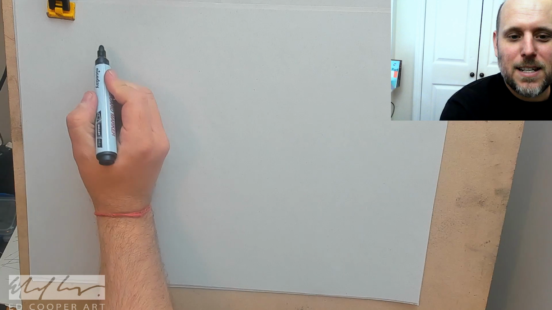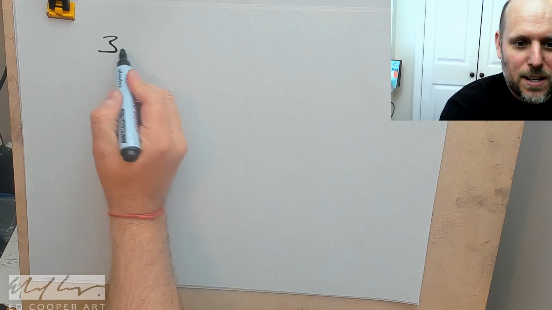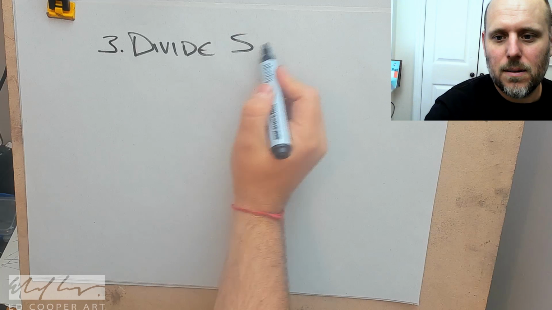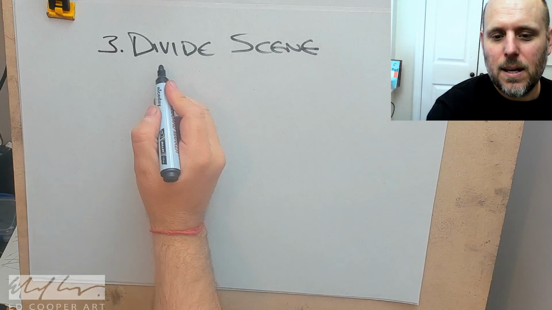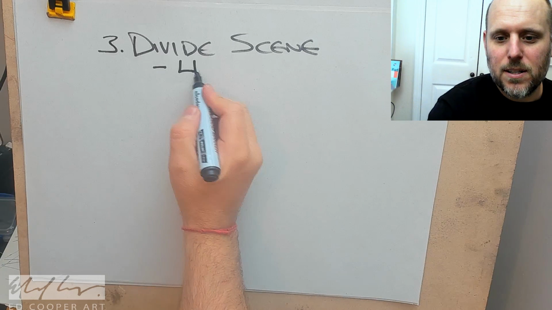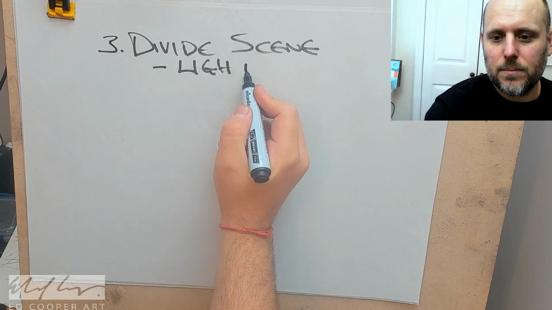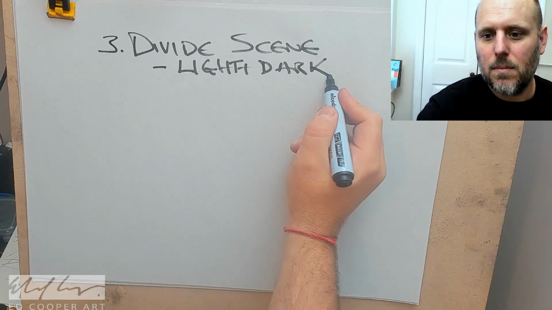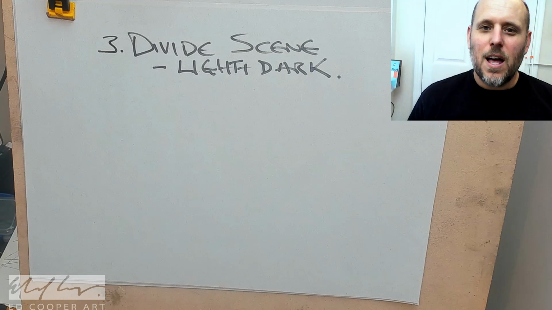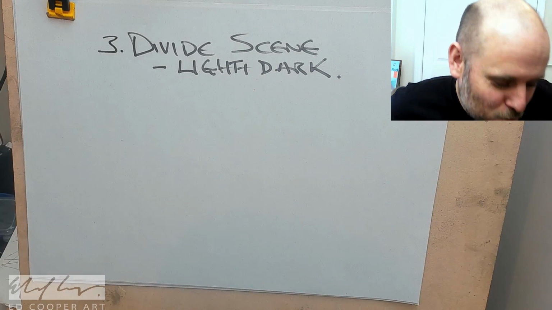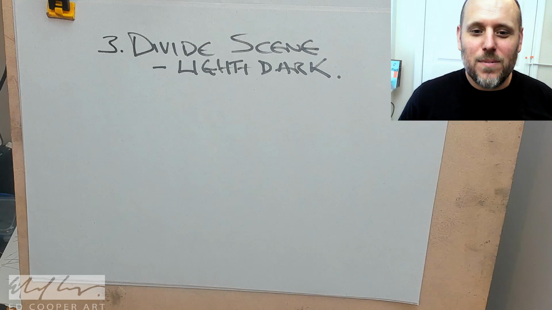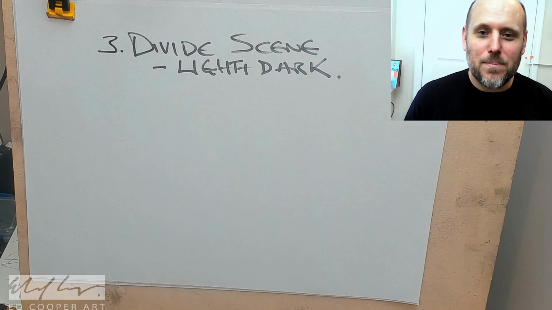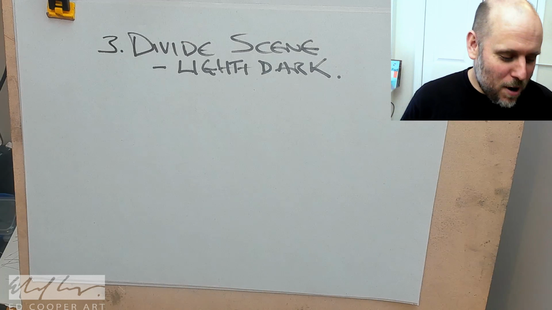So he then says number 3, which is divide the scene into light and dark. And that is, so no great variety of tonal values there, but you're simply trying to break it down into its black and white pattern.